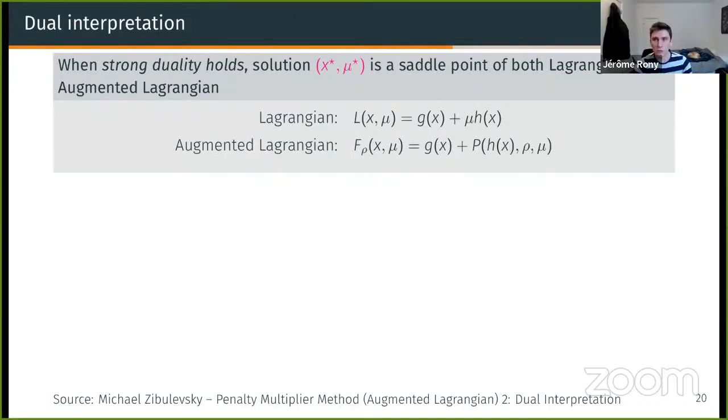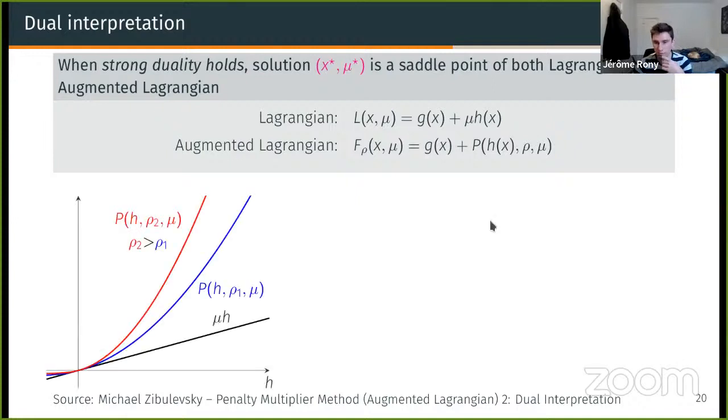And why it works so well is that when strong duality holds, the solution x star and mu star, so the variable that you minimize over and the Lagrange multiplier, is a saddle point of both problems. So in the case of a Lagrangian, you have basically a linear term in your penalty. You have your penalty h, and you have your multiplier mu. And for the augmented Lagrangian, instead of this linear penalty, you have your function p of your penalty.